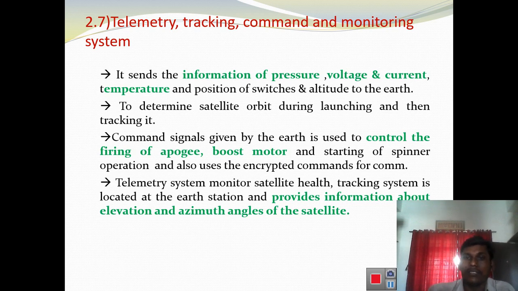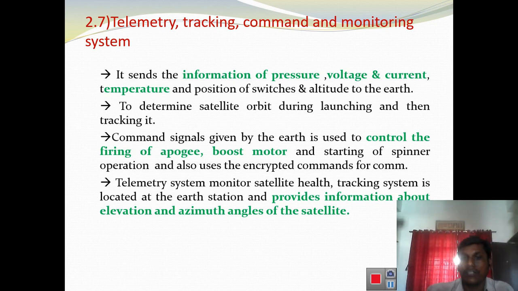Whenever the satellite misses its orbital path, some unnecessary activities take place in the satellite system itself, and we can't get any information from the satellite, so we simply lose the satellite system. If we want to give proper control information to the satellite, it is possible only through the command circuit, and by giving the proper command, the satellite system comes back to its original position even though some perturbation has taken place.